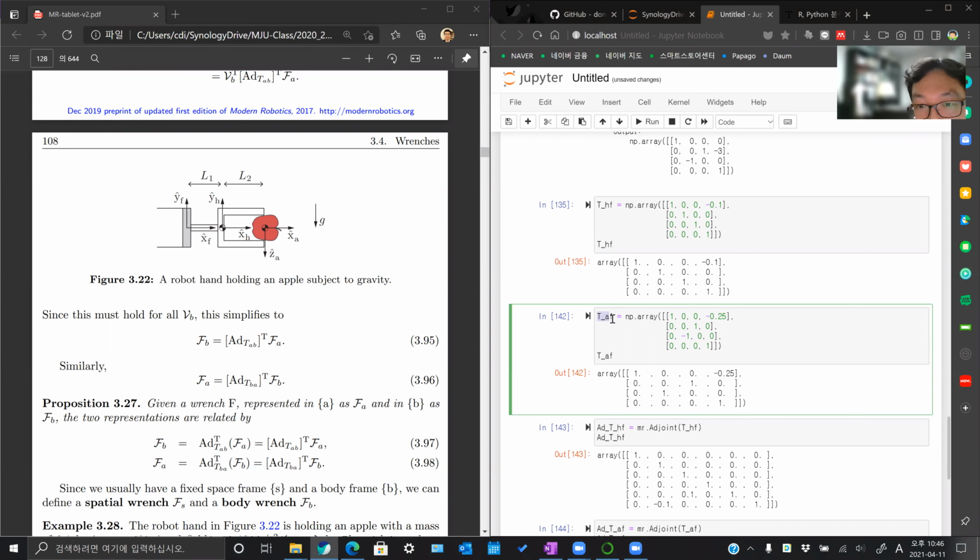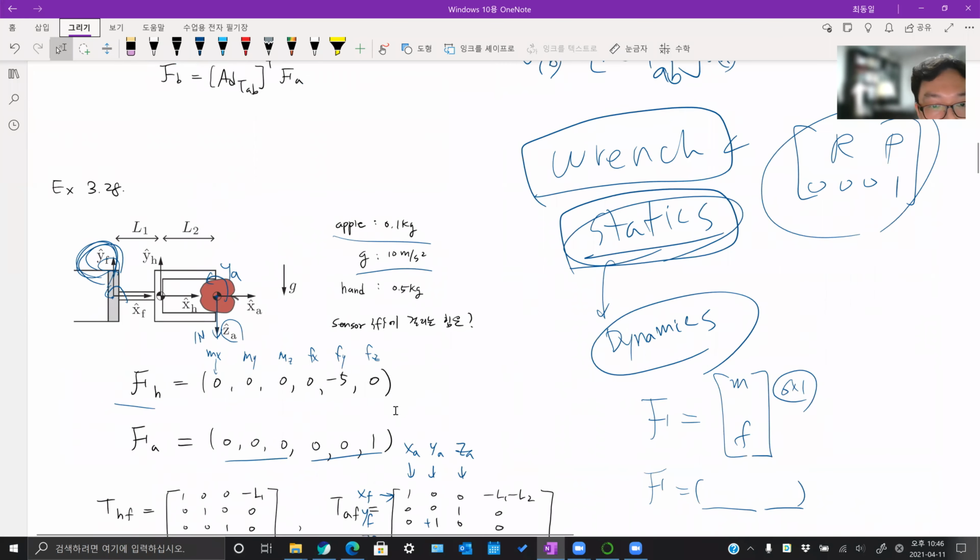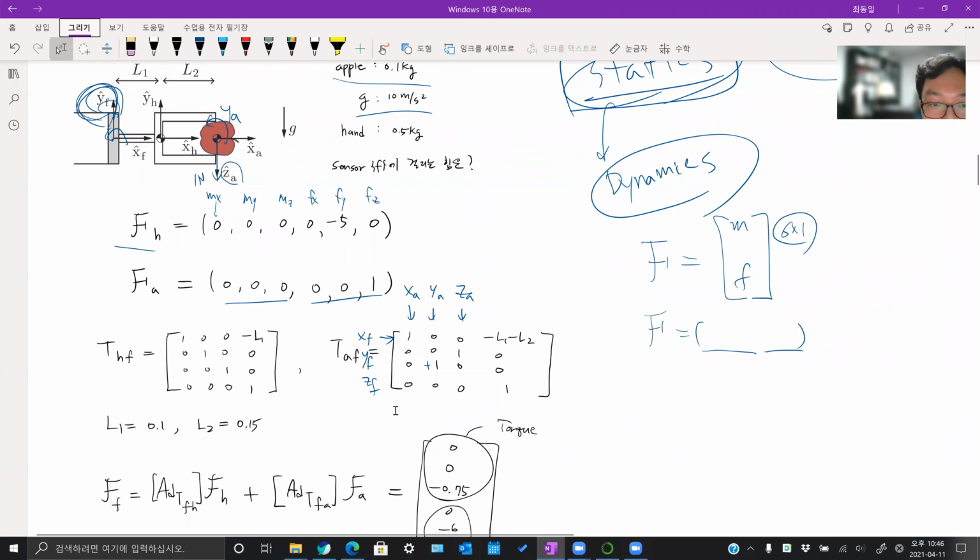This homogeneous transformation is based on the A frame, and we are thinking about the F frame. So in this case, based on the A frame, we are thinking about the YF frame.